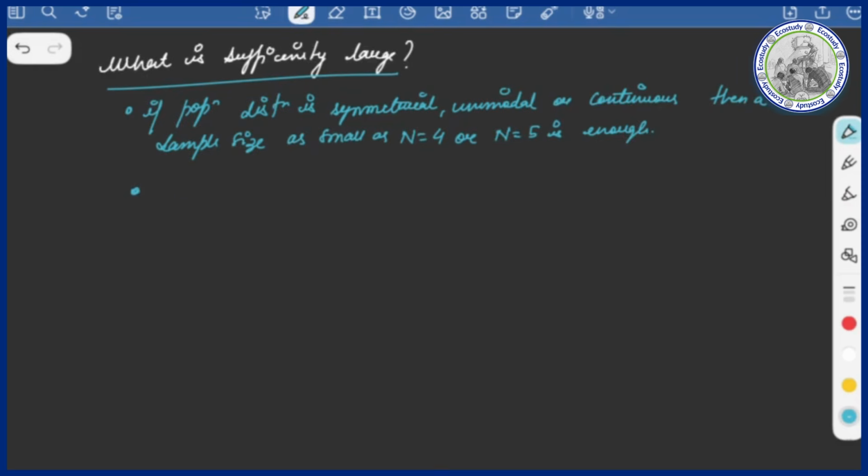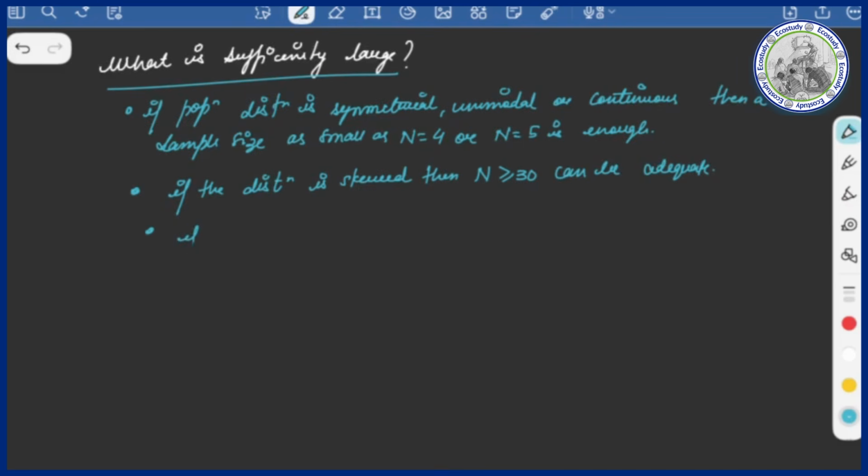Second, if the distribution is skewed, then n greater than or equal to 30 can be adequate.